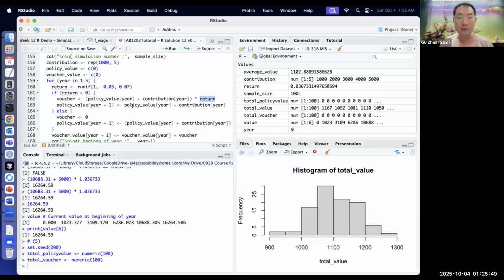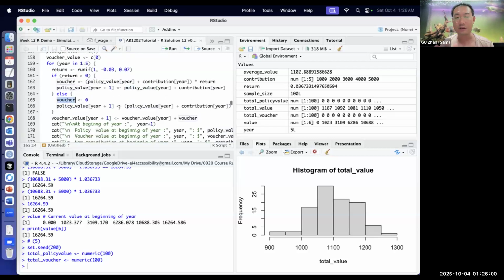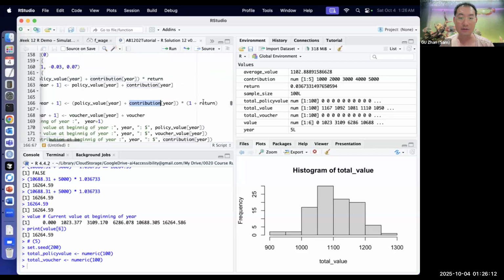Then the policy year is the policy year from the previous year plus your contribution. If the return is not positive, that means your voucher is definitely 0 for this year. Your policy plus your contribution times a discount. Basically, you're losing money.